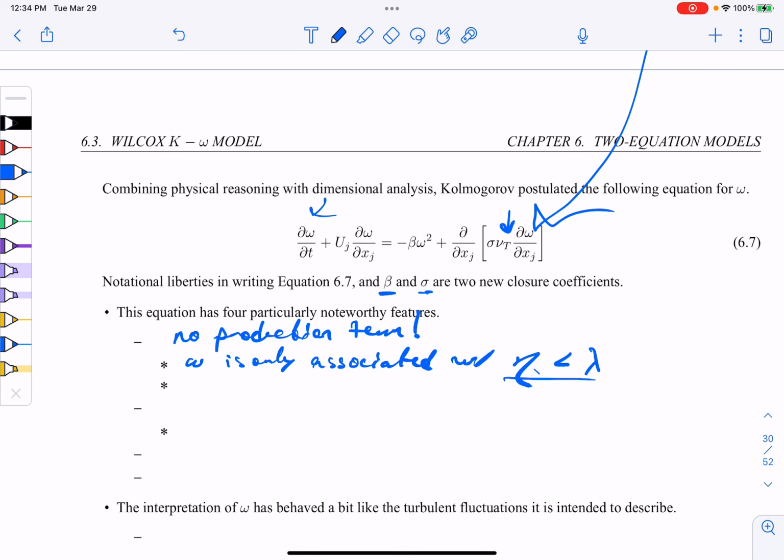And that was wrong. It's flawed because really these energy-bearing eddies L are primarily responsible for determining the appropriate time scale of the turbulence and the rate of dissipation itself. So large-scale structures are responsible also for the dynamics of omega.